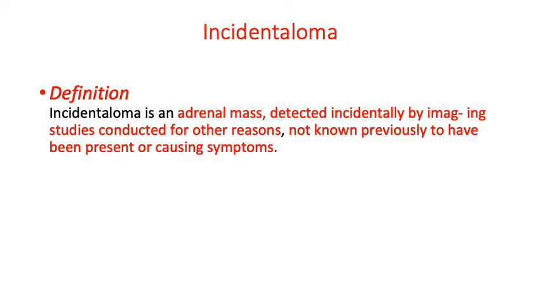The meaning of this definition is that you discover the adrenal mass incidentally during investigation for a complaint or a symptom not related to the adrenal gland, and there was no adrenal mass previously. So this we call an incidentaloma.